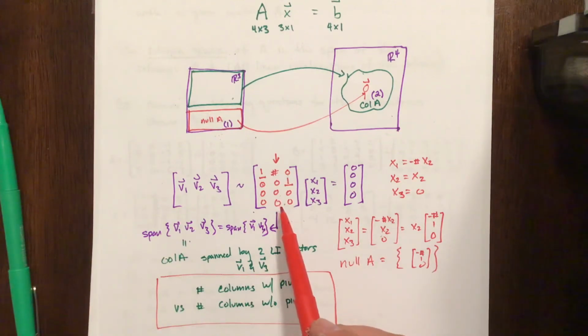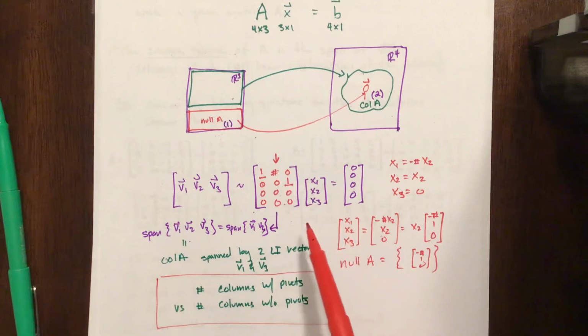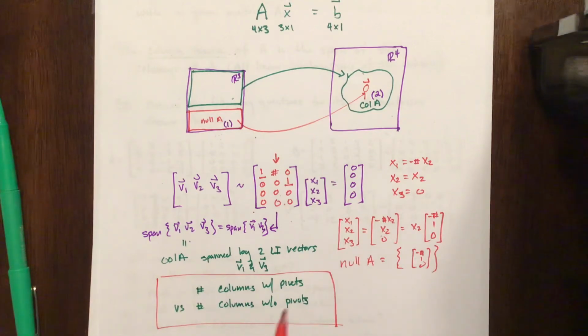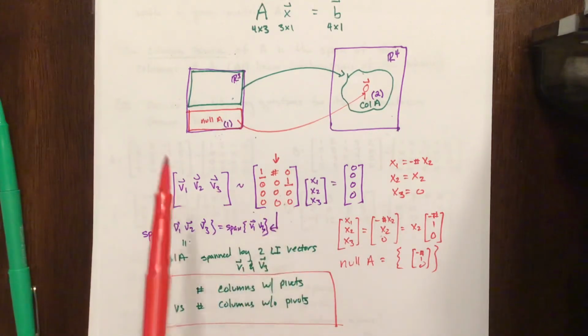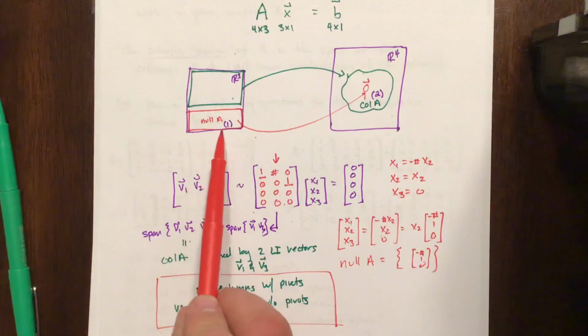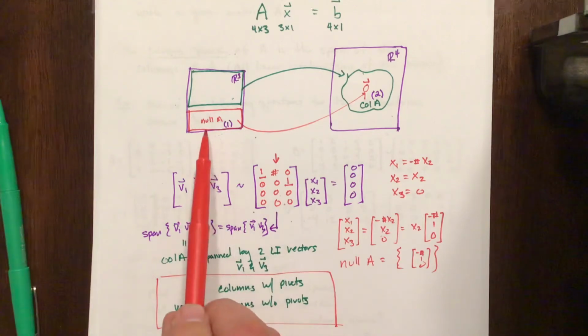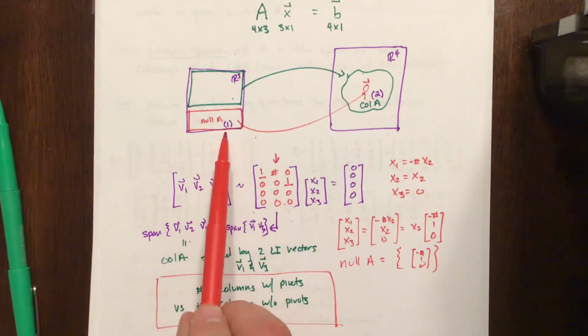And that's correlated to, I can't think of the word right now, but it corresponds to the dimension of the null space of A. There's 1 column without a pivot, there's 1 free variable, the null space of A has dimension 1.